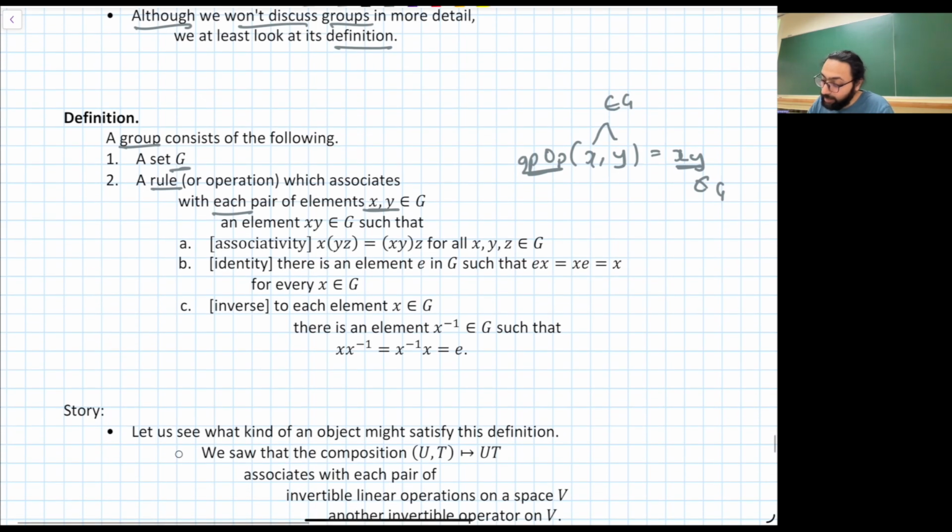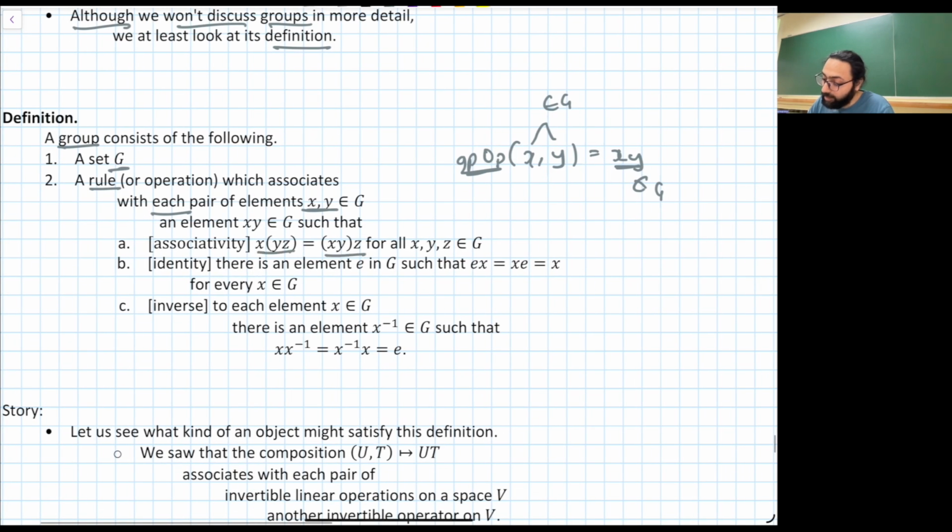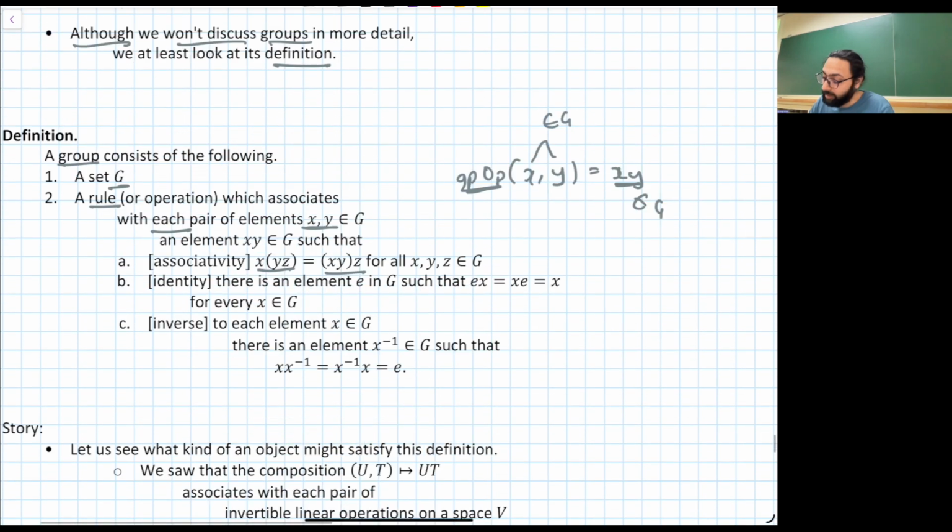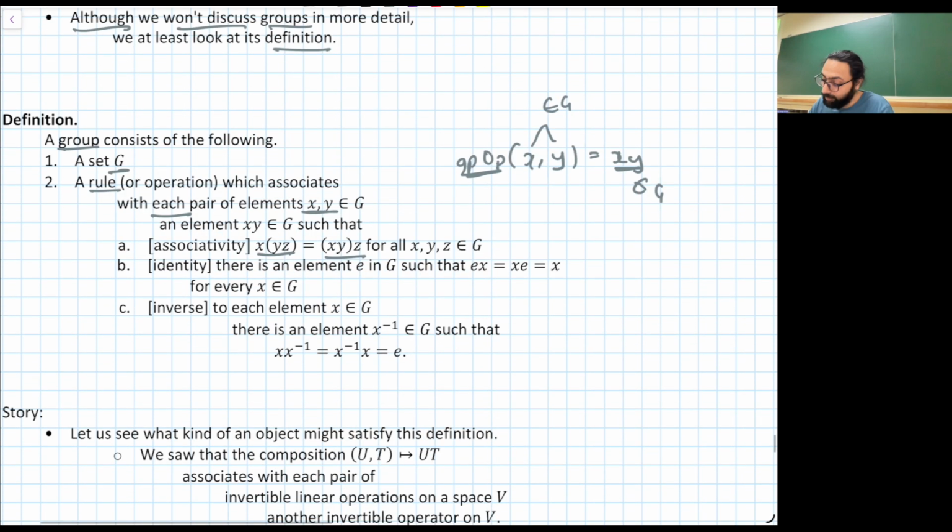It has to satisfy a few properties. First, it has to be associative, right? Doesn't matter which order you compose in. Composing means you apply the group operation. If you want to expand it, let me write the operation as op.